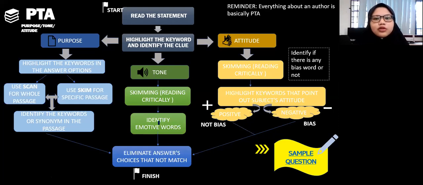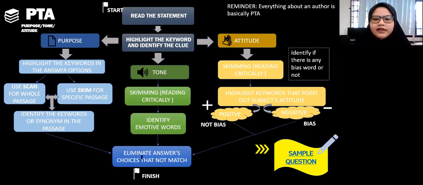What is meant by emotive words? Emotive words are words that express emotions or feelings. As an example, in the passage they use the word aggressive. So aggressive may show that the author is mad or feeling uneasy. So that's how these emotive words describe the author's feelings or view towards that particular passage.